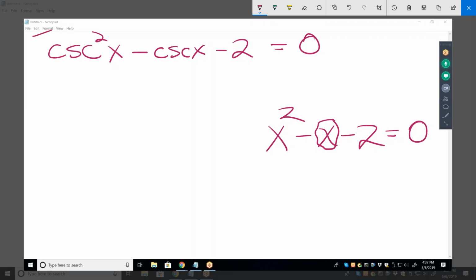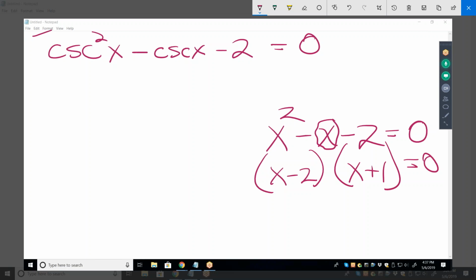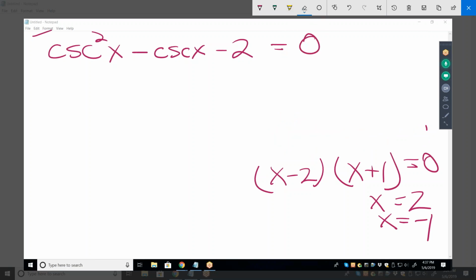So we're going to solve this exactly the same way we would solve this polynomial. Over here, I'm factoring it into that times that, and I got my solutions: x equals 2, x equals minus 1. So we're going to do that same process, only we're going to factor it into cosecants.